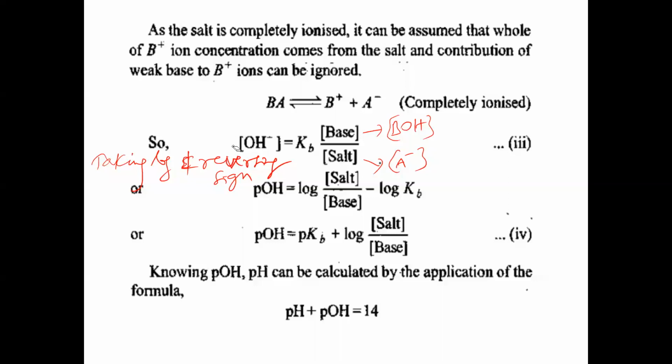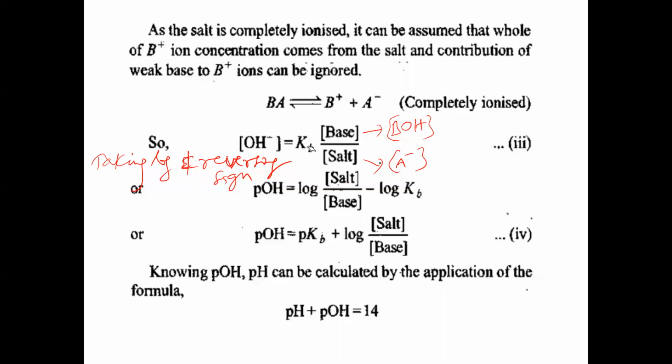First we take the logarithm here, so log OH minus. So we have to take logarithm on both sides and also reverse the sign. The positive sign should be reversed into a negative sign. So log OH minus should be converted into minus log OH minus. So minus log OH minus is nothing but pOH.